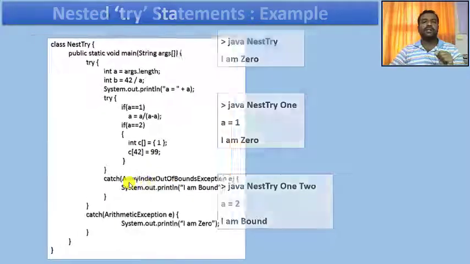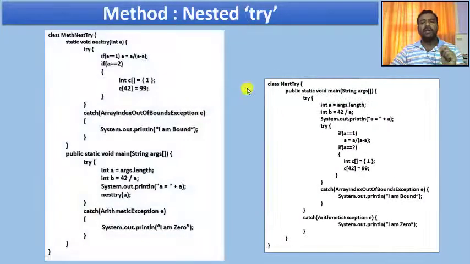Fine. And just look at one more example now, where I bring in the concept of a method, that is calling a method inside a try block. And if that called method contains a try block, again we call this nested try. We can create the nested try along with the method call also. Just observe now.